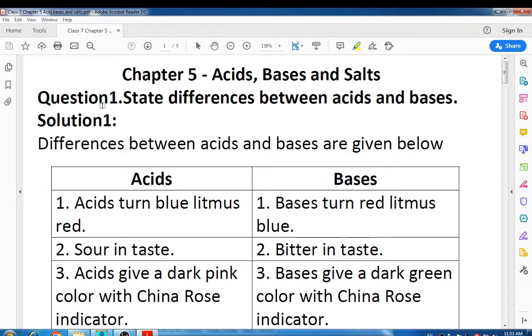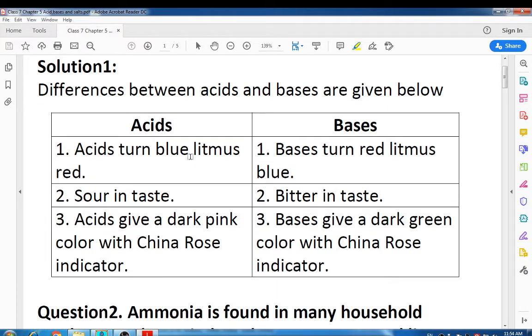Question number 1, state differences between acids and bases. Here you have to make a table and write the differences between acids and bases. Acids turn blue litmus red, and opposite to that, bases turn red litmus blue. Acids are sour in taste and bases are bitter in taste.